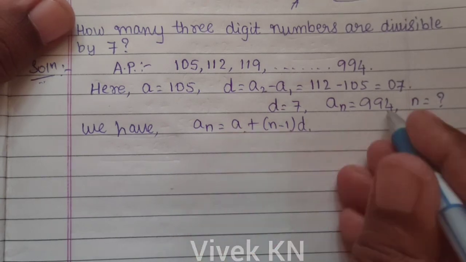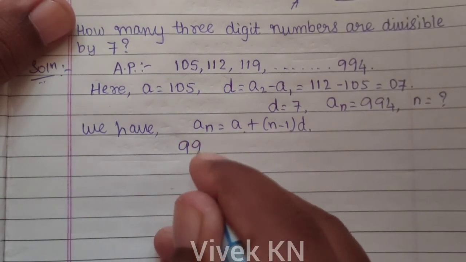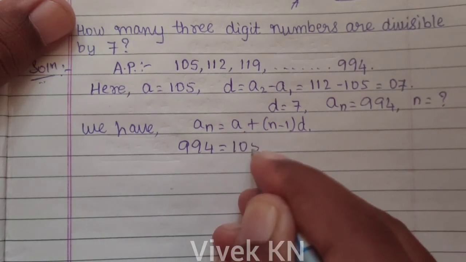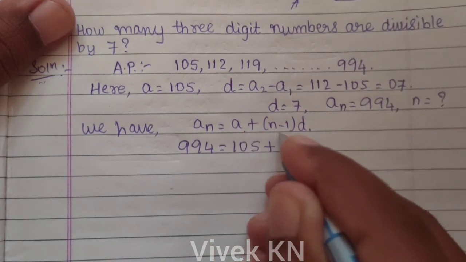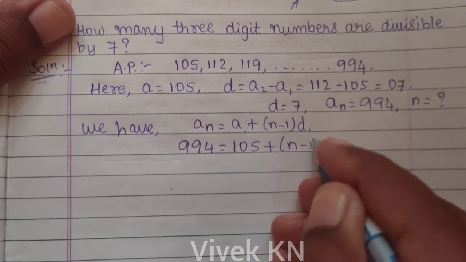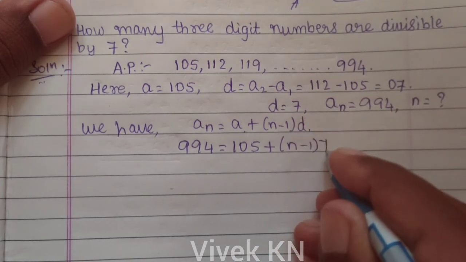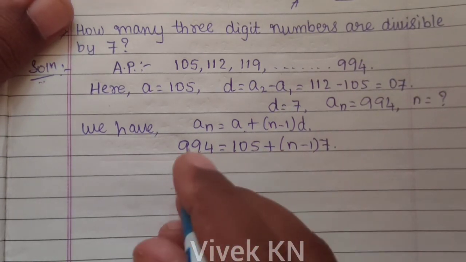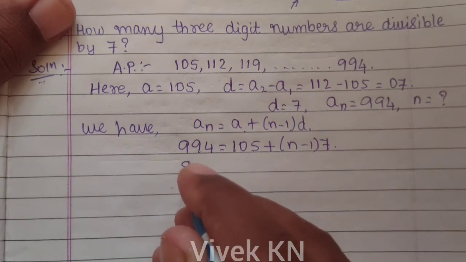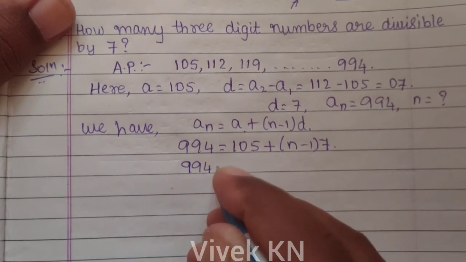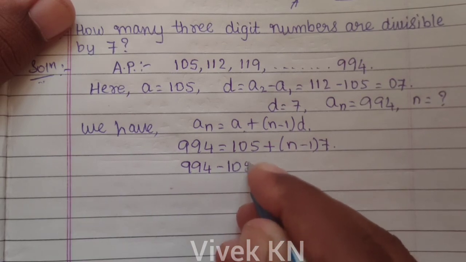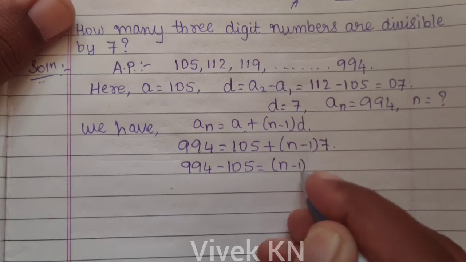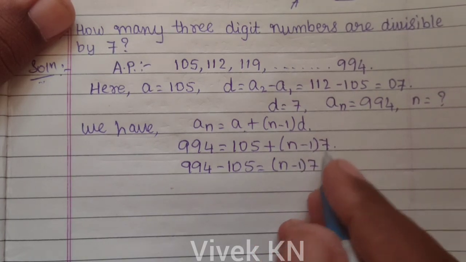So an value 994 is equal to the value of a, 105, plus (n minus 1) into the value of d, which is 7. Shifting this plus 105 to the left side, we can write it as minus 105, is equal to (n minus 1) into 7.